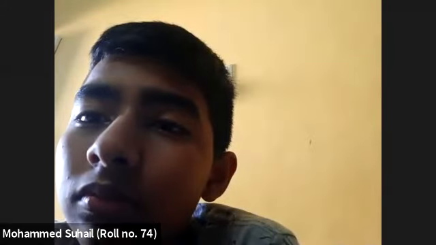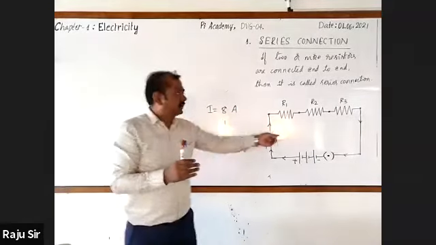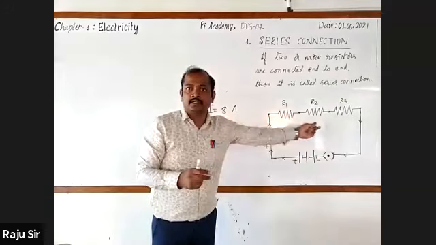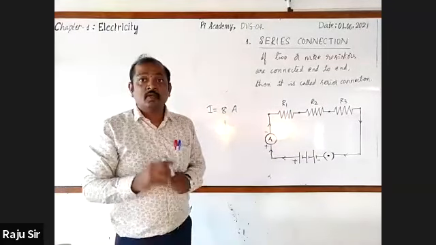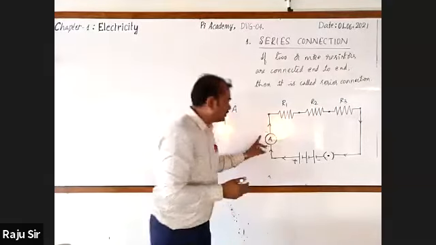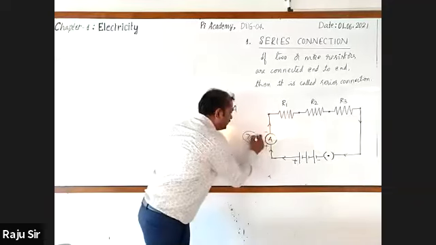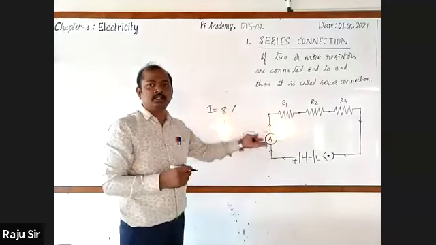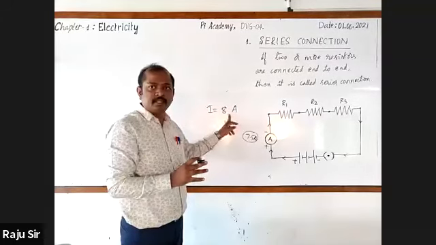Earlier, whatever the current was there, the current constituted after connecting the resistors in series will be less than that. Once the current is constituted, approximately 7.5 amps, or 6.5, or 5.5, whatever it is, it should be less than 8 amps.